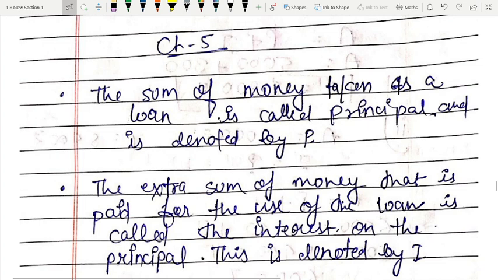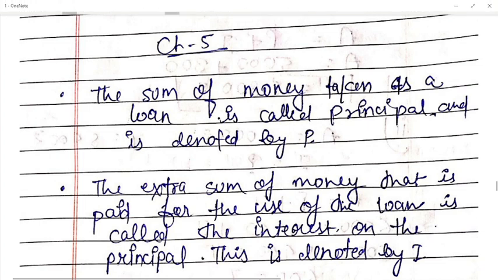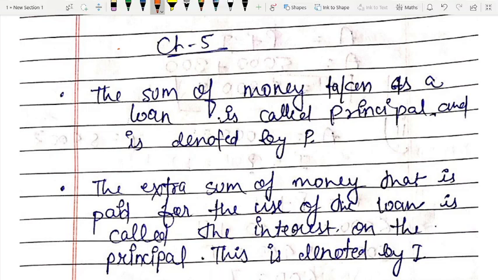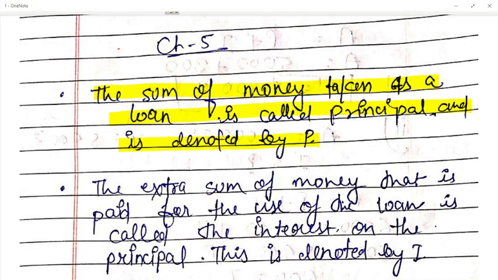The sum of money, just try to understand. The sum of money taken as a loan is called principal and is denoted by P. The money which we take as a loan, we can take a loan from a bank or from anyone.